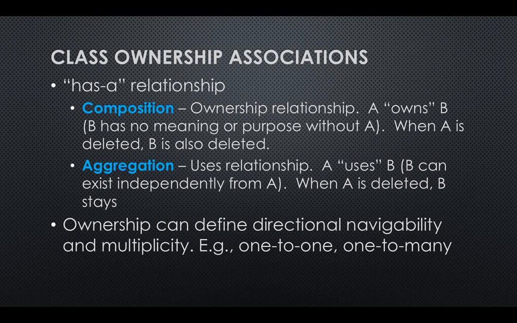B can exist independently from A. So when A is deleted, B stays around. So what's a good example of that? Suppose I have a college with a bunch of courses that are offered at various times by various professors, and each course offering has a bunch of students enrolled into it. What happens if I delete a specific offering?